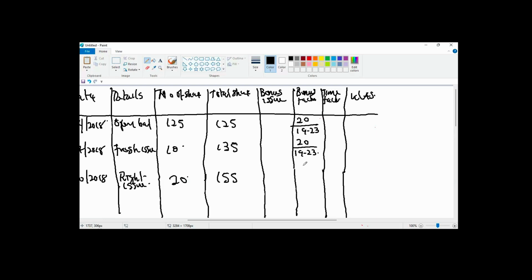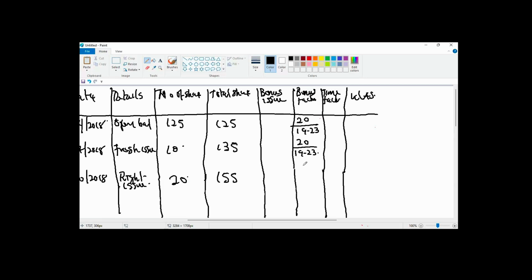Now when solving for the rights issue, we are calling it bonus factor. But here we're not solving for the bonus issue, so we cannot call it bonus factor. So I'm somewhat confused.